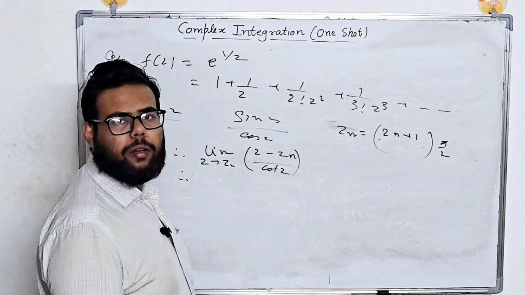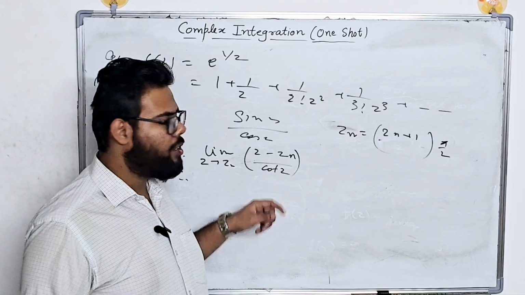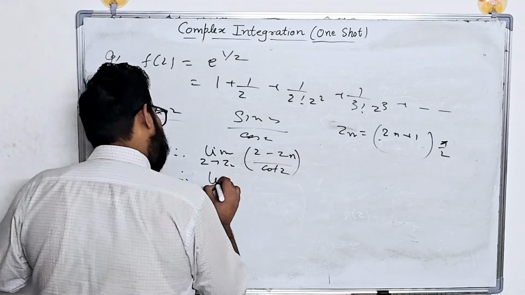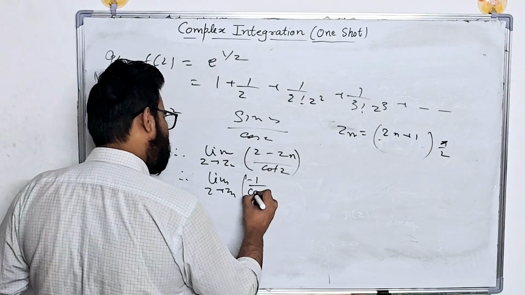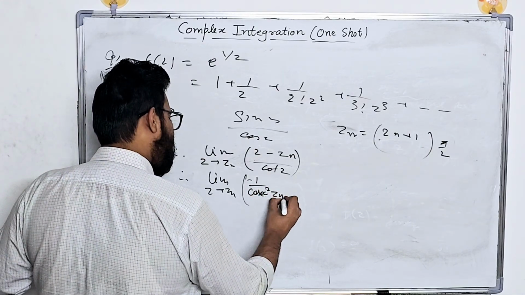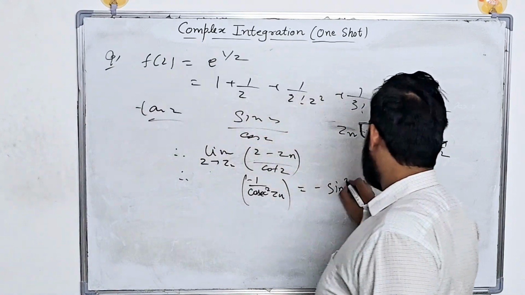Now if you apply L'Hospital rule, because if z tends to zn, then it will be the 0 by 0 case, right? Hence we will have limit as z tends to zn of the quantity 1 upon negative cosec square zn. If you substitute the value, it will be equal to negative sine square zn.